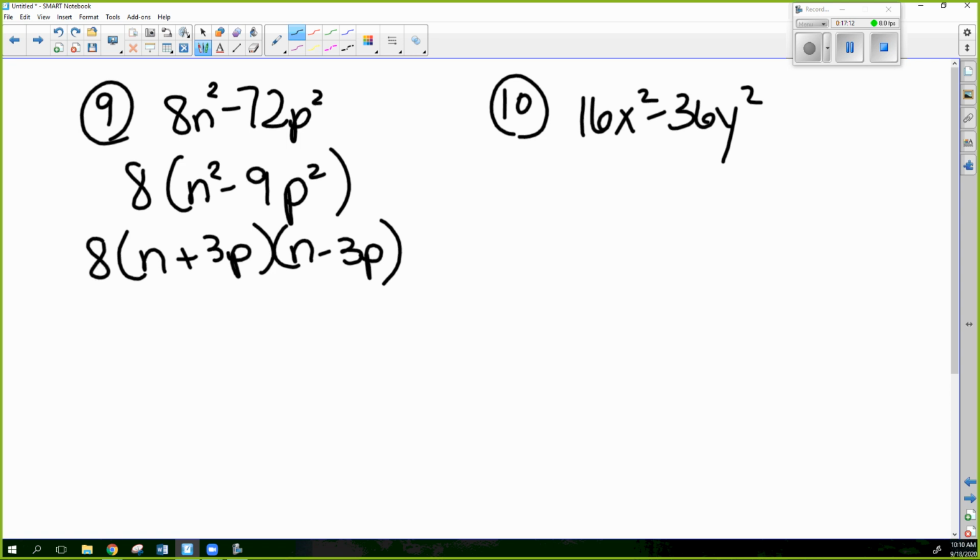GCF. You really need to look for that GCF first. And even though they are already perfect squares, they have a 4 in common. They have a 4 in common. You have to take that GCF out first.